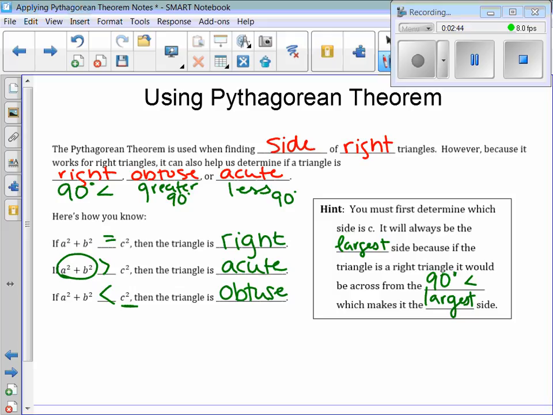If a squared plus b squared equals c squared, we know it's a right triangle. If a squared plus b squared is greater than c squared, it's an acute triangle because c is small. If a squared plus b squared is less than c squared, it's obtuse because c is large.